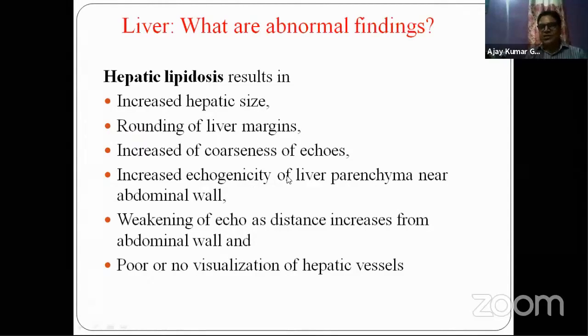But as the echogenicity increases, more ultrasound is reflected back from the superficial parenchyma of the liver, so that only few ultrasound reaches the deeper part, which appears as hypoechoic. And blood vessels will not be visible, or they will be poorly visible. These are the characteristic findings in case of hepatic lipidosis.